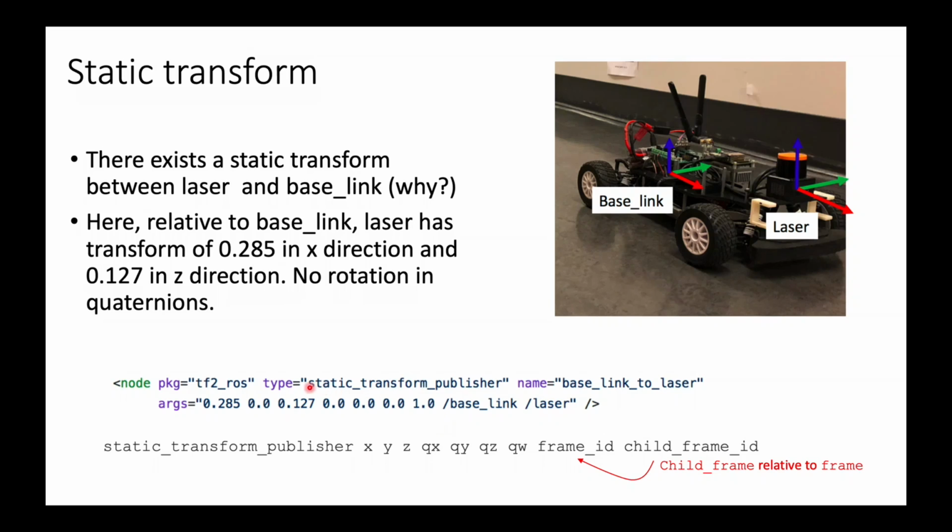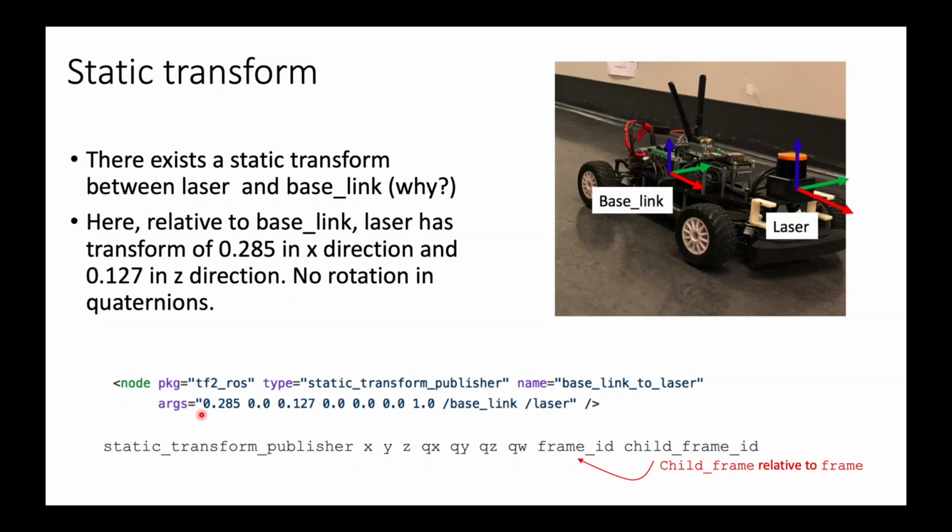The static transform publisher takes arguments in the form of the XYZ transform, the quaternion or the rotational transformations, which don't apply in this case, the ID of the reference frame, and the ID of the child frame, right? So you're describing the transformation of the laser with respect to the parent, which is baselink.